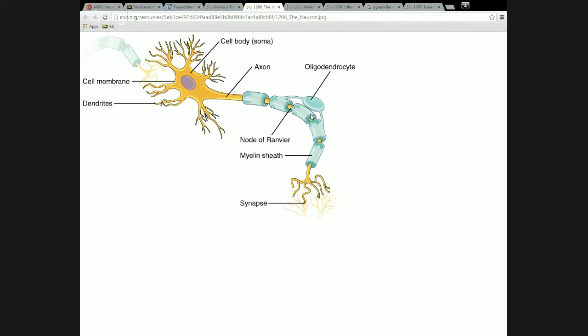So if it was a continuous insulation running the entire length of the axon, then the action potential wouldn't be able to travel that whole distance. The gaps are spaced apart so that the electrochemical signal can be refreshed along the way.